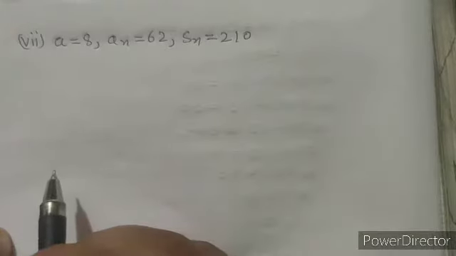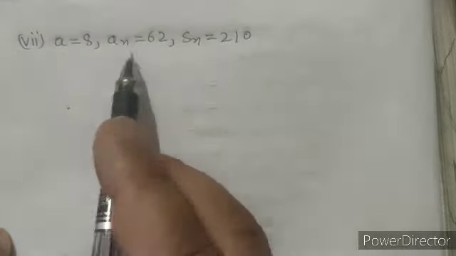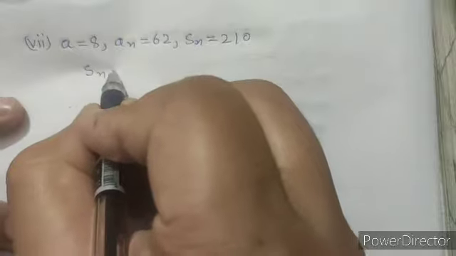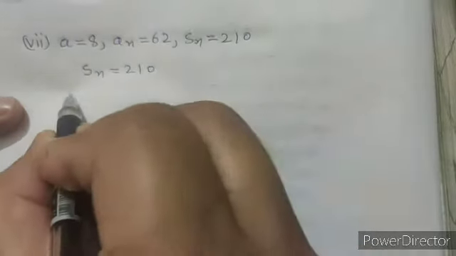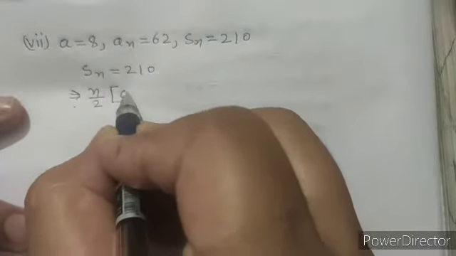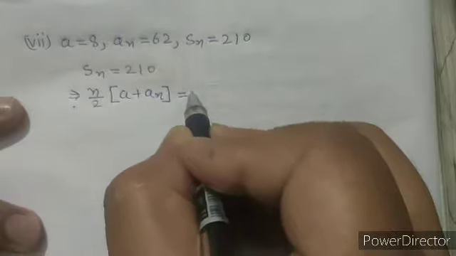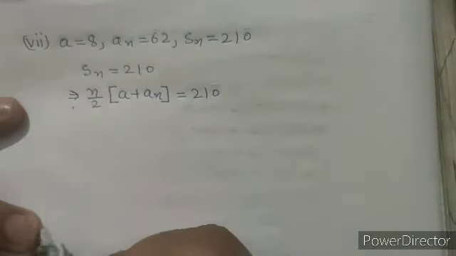Now in the 7th part of question number 3, a, an and Sn are given to us. We have to find the value of n and d. Now as an and Sn are given to us, and we know that Sn is given by n by 2 (a plus an) if an is known, and that is equal to 210.